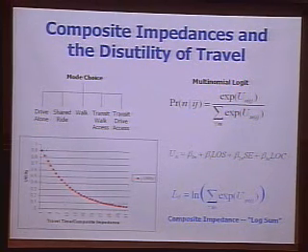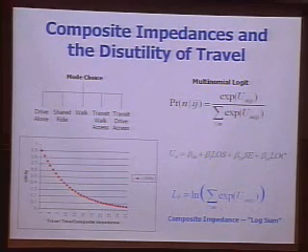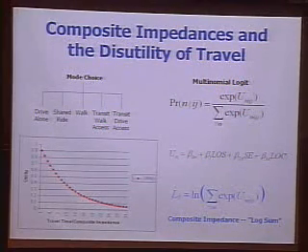One way we get at this is we use our mode choice model, and for a given ij pair, going from this place to that place, we'll calculate a composite utility.